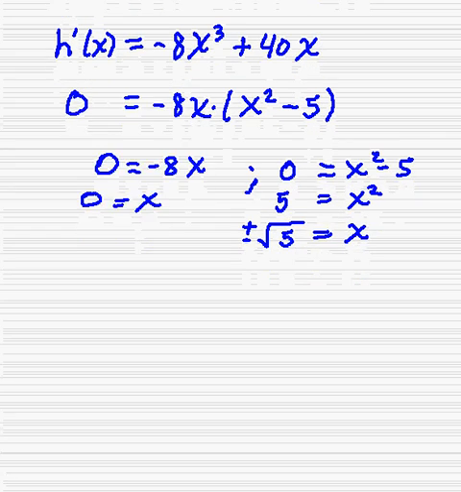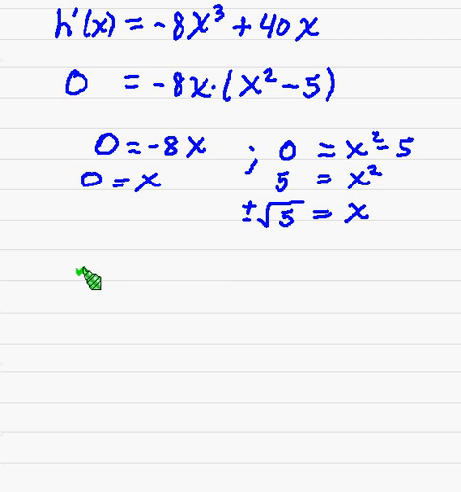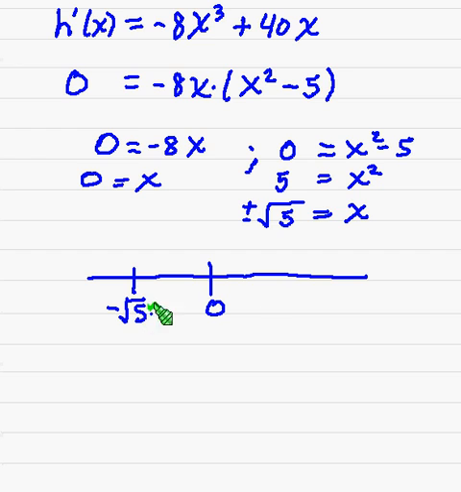So now I'm going to draw a number line and plot our critical numbers on it. So here's 0, negative square root of 5, and positive square root of 5. Now what I want to do is pick some points. What's a number to the left of the square root of 5? A nice integer.